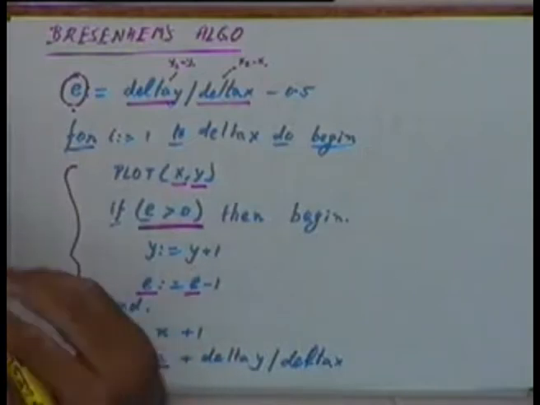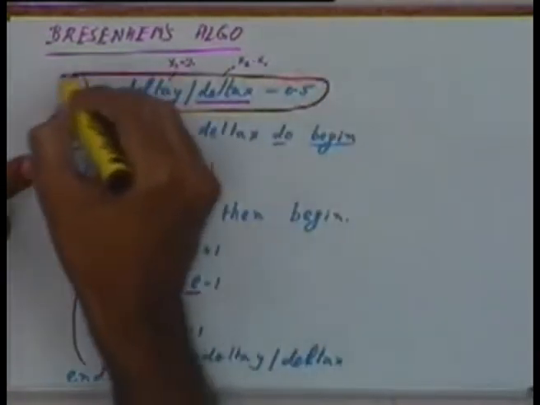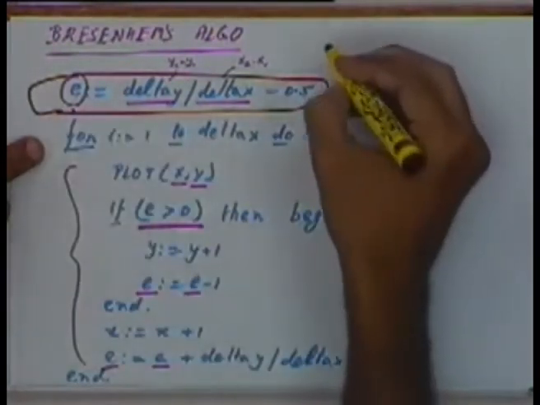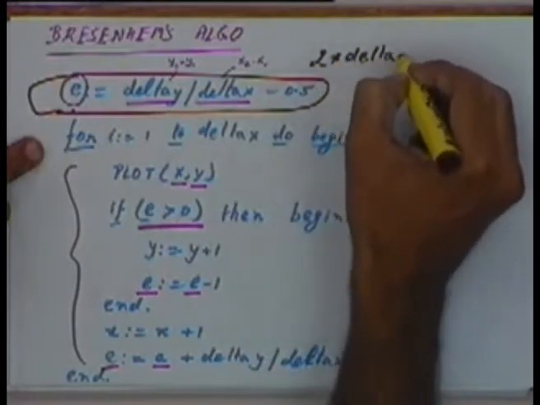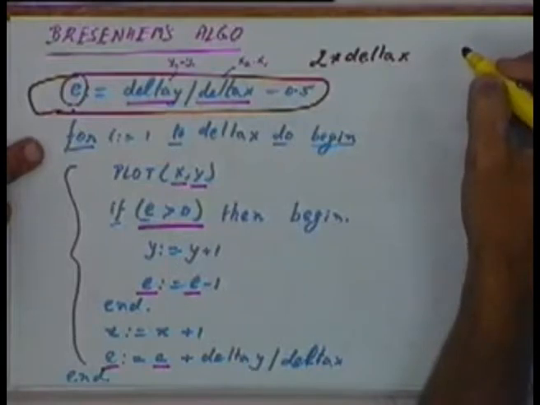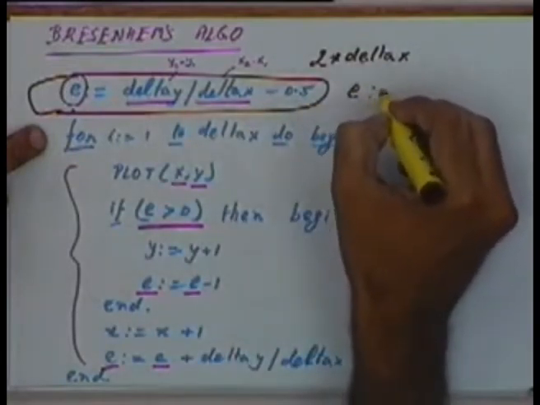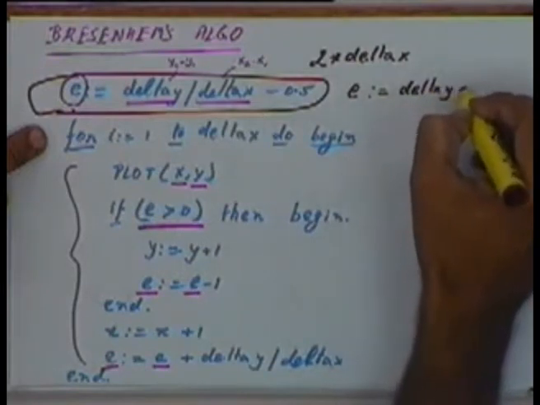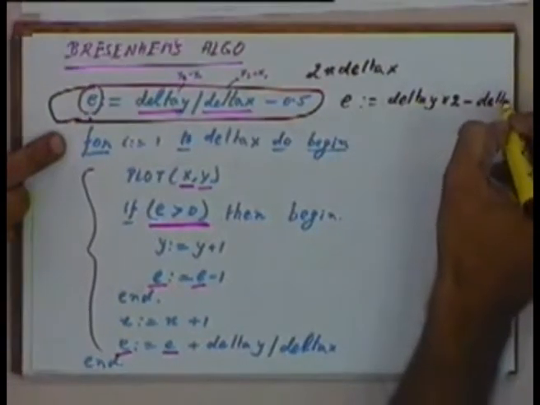What I mean is, if I take this statement and multiply it by 2 times delta x, my statement will become E will be equal to delta y times 2 minus delta x, sorry.